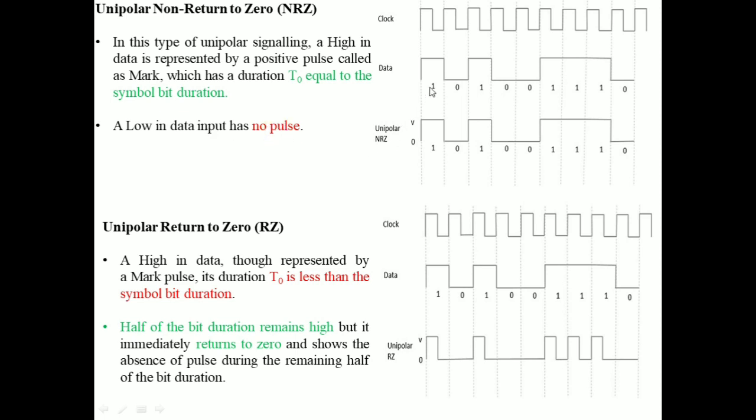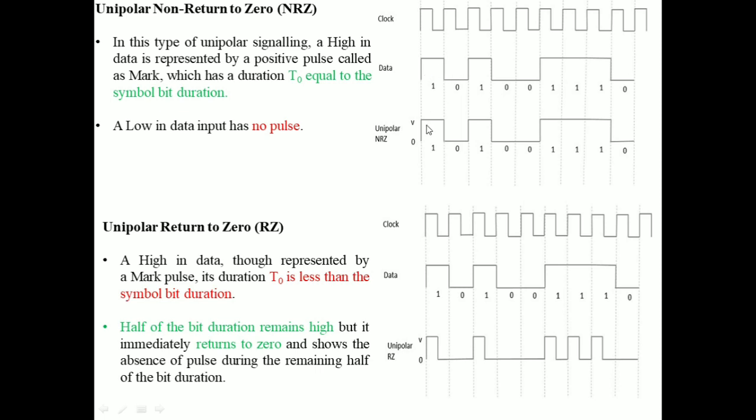If you see here, in the data we have a binary bit 1. In unipolar NRZ representation, it is represented with a positive pulse, and the duration of this positive pulse is equal to the bit duration.